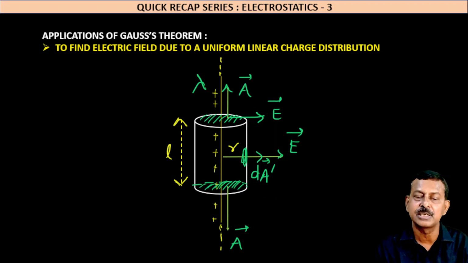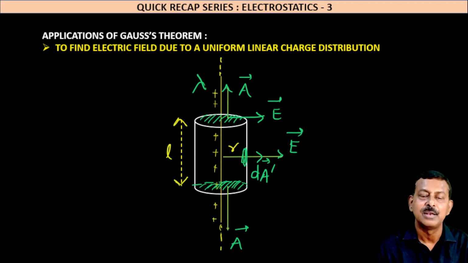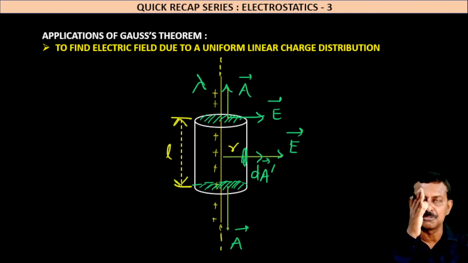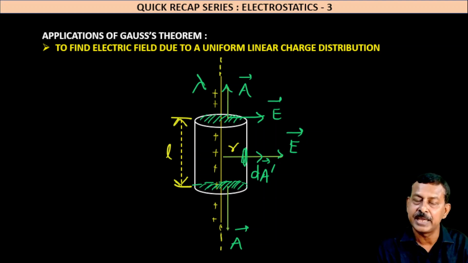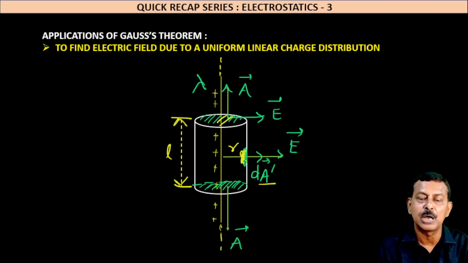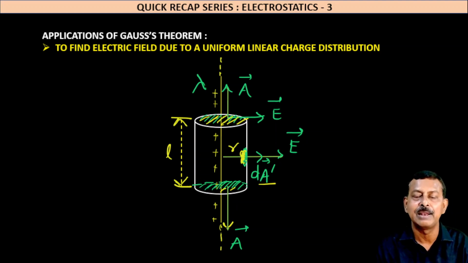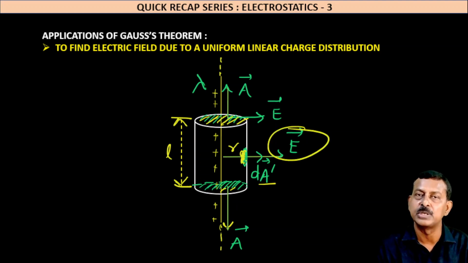This is the cylindrical Gaussian surface of radius r and length L, and it has its axis coinciding with the charge distribution. And we take an elementary area vector dA on the curved surface. This is one elementary vector. Then for the upper flat surface, the vector area is A. For the lower one also, it is vector A. So it is vector A in this direction, vector A here. Electric field is E, which we have shown in this case.